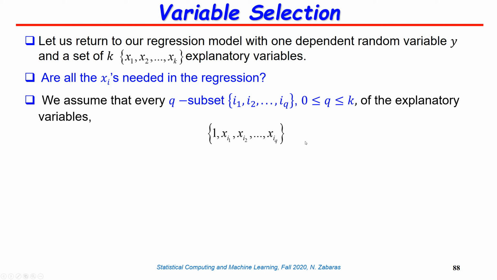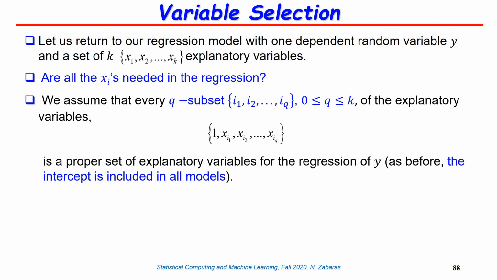All right, this is what I have. It's Q plus 1. Now, how many models can I have that include Q explanatory variables? If you think about it, you have k explanatory variables, so each variable can be in the model or can be out of the model. So effectively, the total number of models that you can derive this way is 2 to the power k.